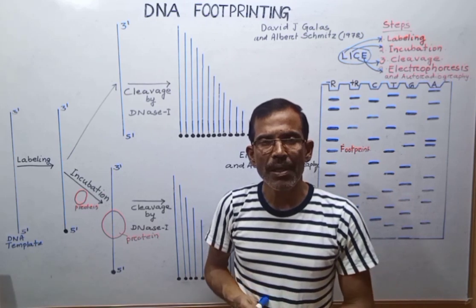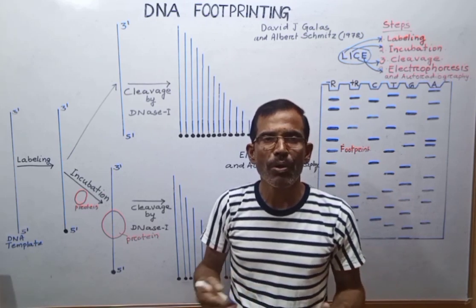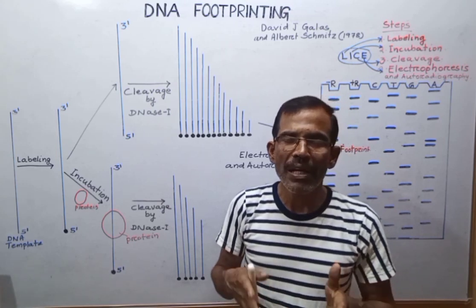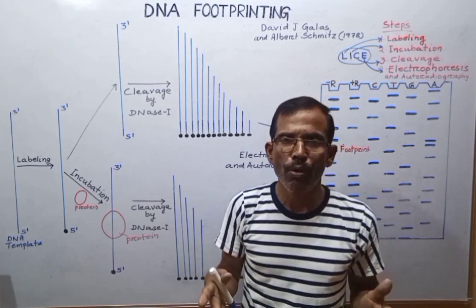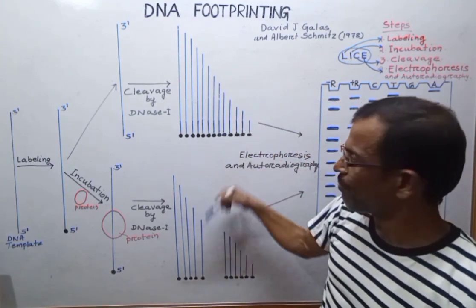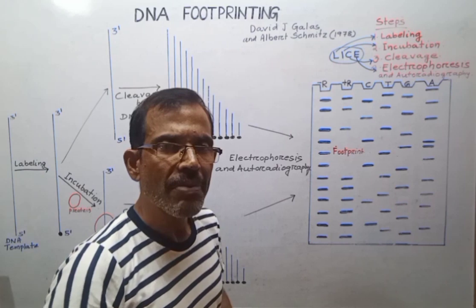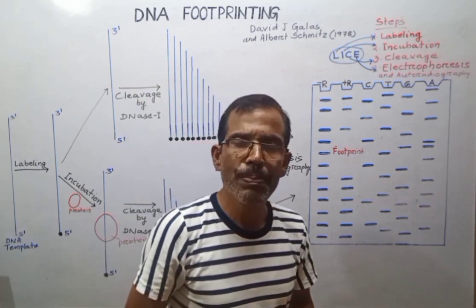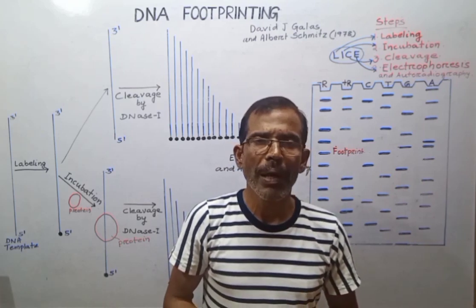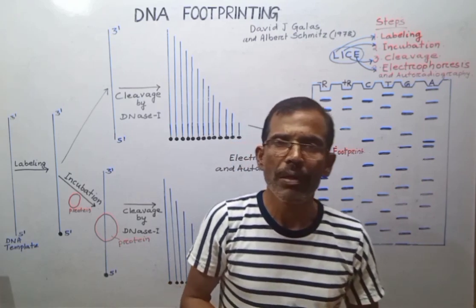This enzyme is a double-strand endonuclease. It binds at the minor groove and cleaves the phosphodiester backbone of DNA, thereby generating a series of fragments. The cleavage is performed under specific conditions so that DNase 1 will make only one cut per molecule.